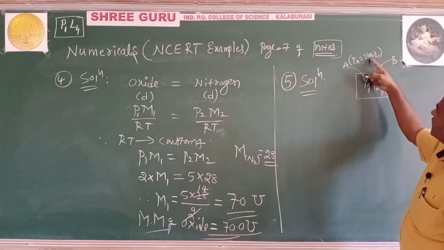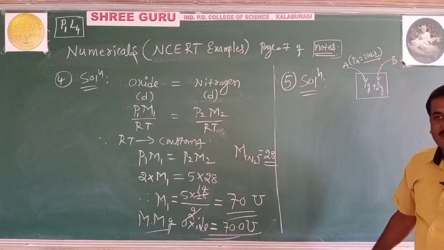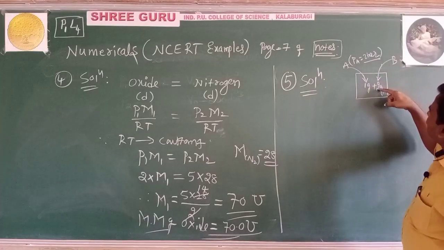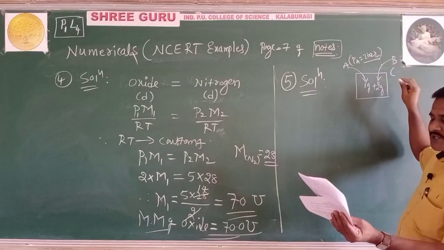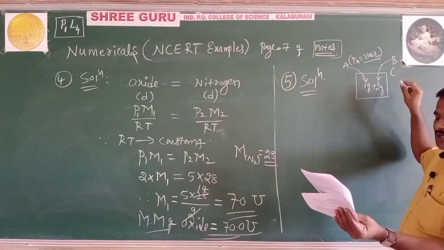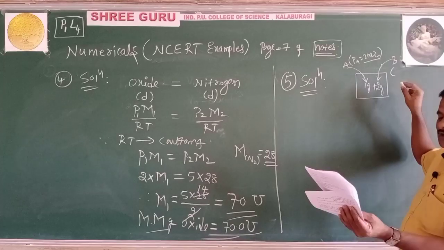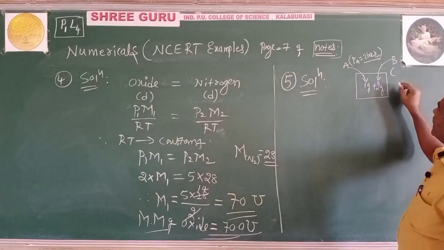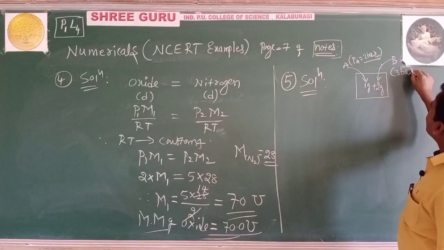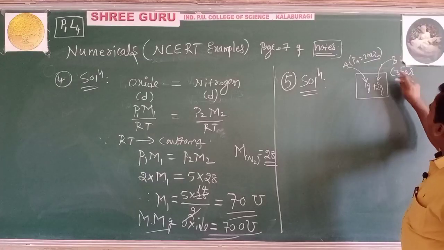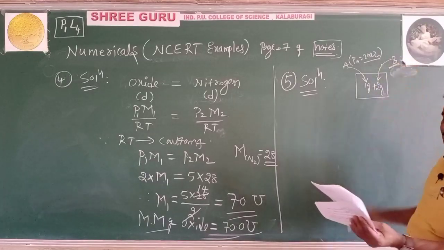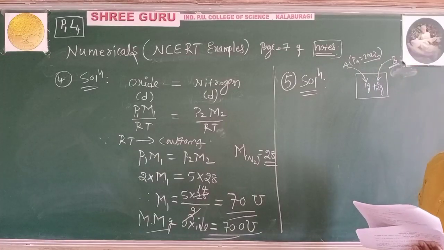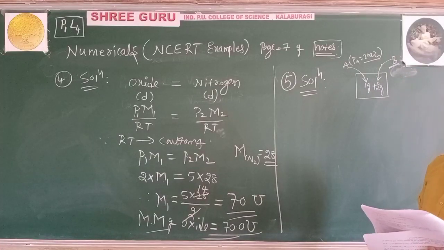A 1 gram of A exerts 2 bar pressure. Another gas B of 2 gram is introduced into the same flask, and the total pressure of the mixture becomes 3 bar.